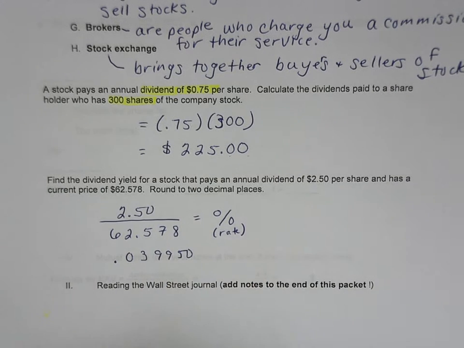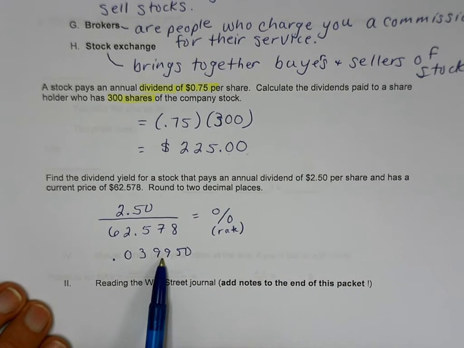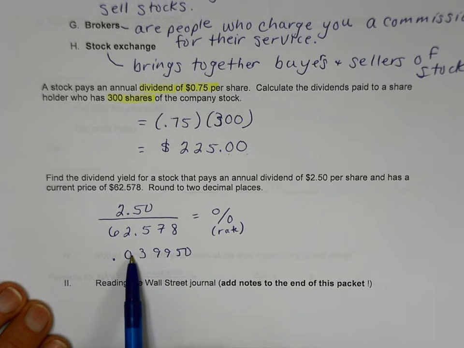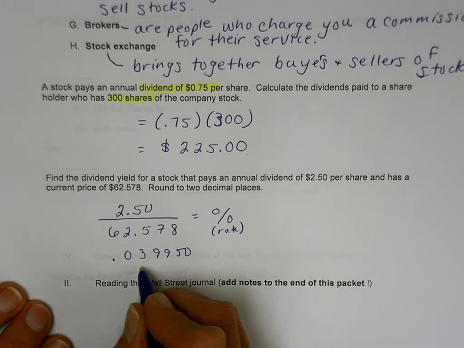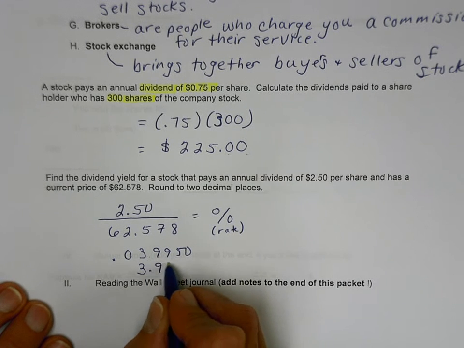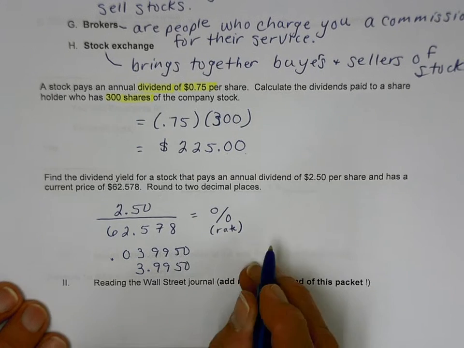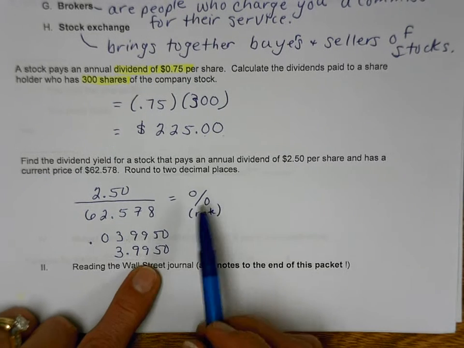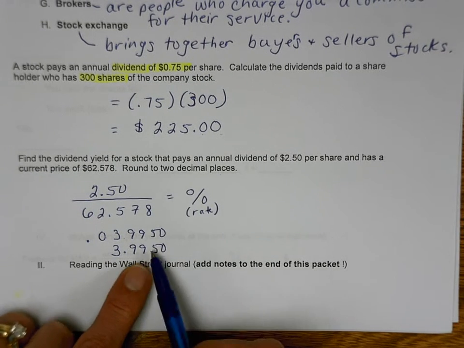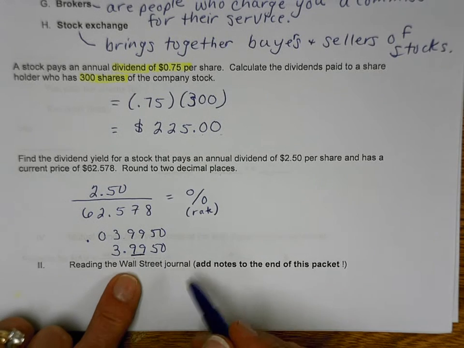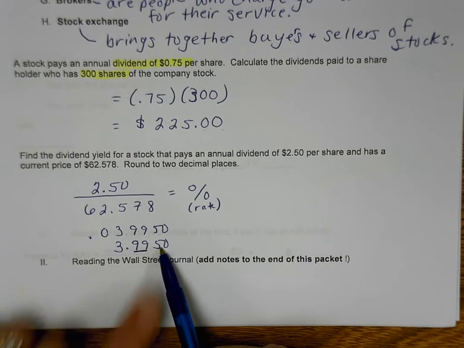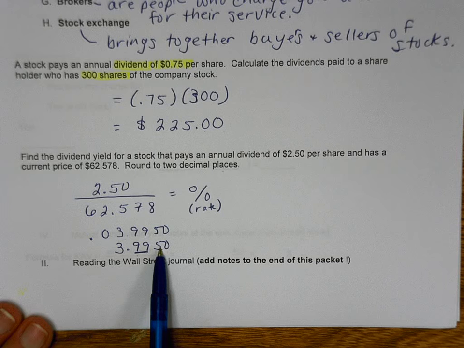Now to change a decimal to a percent, we move this over 2 spots. So now I have 3.9950. Now I want 2 decimal places, so we have to look at the 3rd decimal. If the 3rd decimal is a 5 or above, we have to round this up.